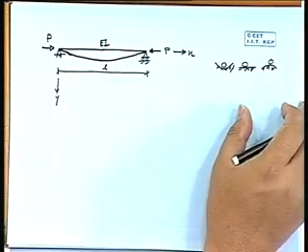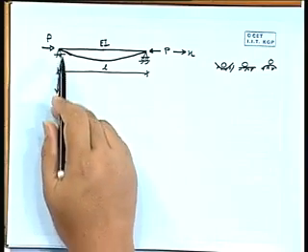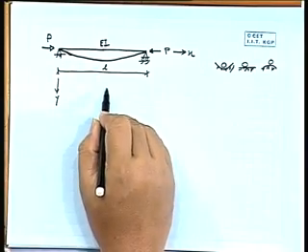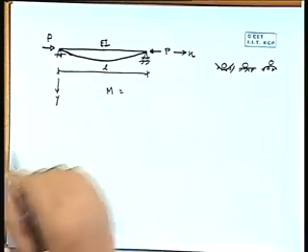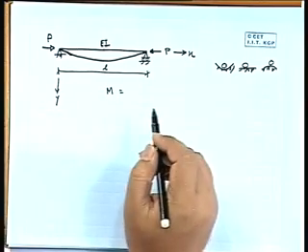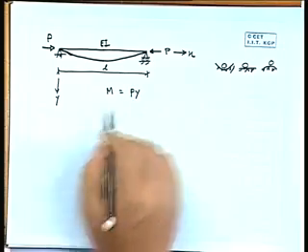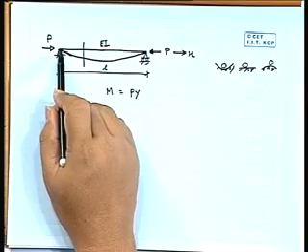Now, if we take any section, say at a distance x, what will be the bending moment? It will be P into y. Say this is a typical section at a distance x.